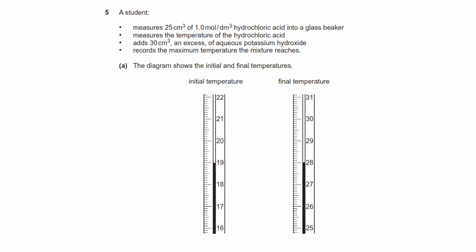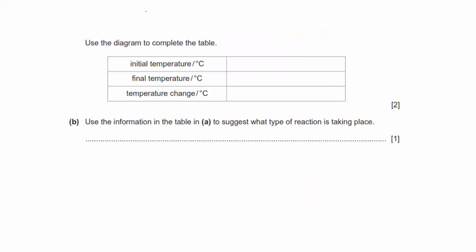So use the table below. Initial temperature 19 degrees centigrade, final temperature 28 degrees centigrade, change in temperature is 28 minus 19, that is 9 degrees centigrade.